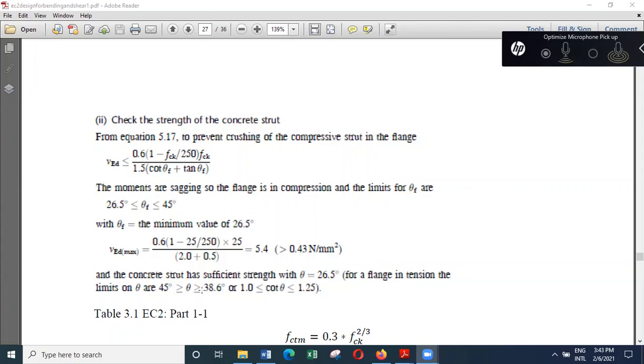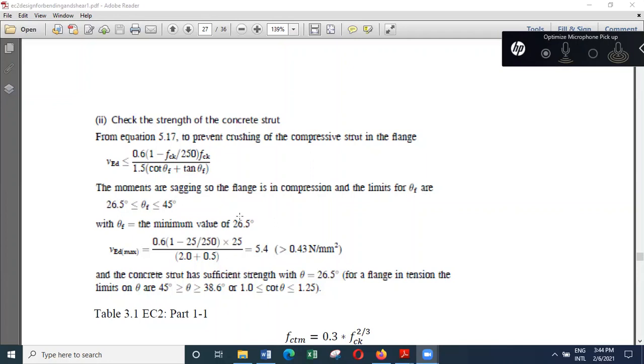So the angle varies between 26.5 and 45.